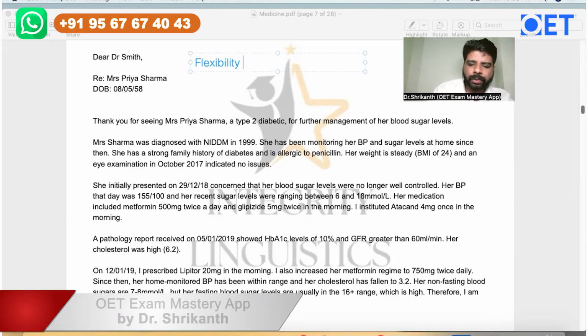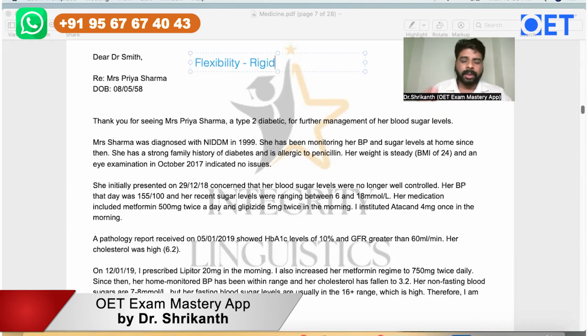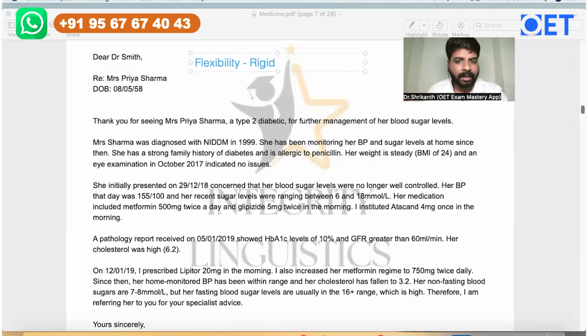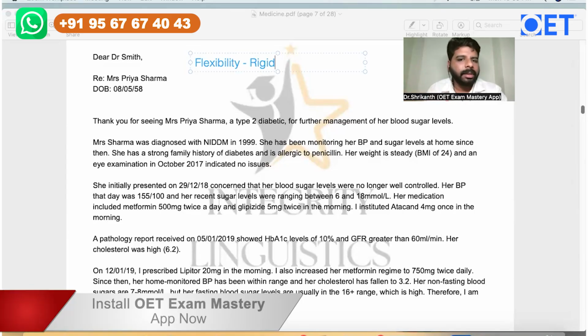Now there are some students who are very rigid. Rigid basically means what? They have a very fixed mindset. This is the only way I should begin a letter. This is the only way I should end a letter. So when it comes to OET, there is no rigidity. You have a lot of flexibility. You have a lot of freedom over here, and you should really get to know how to utilize the freedom.